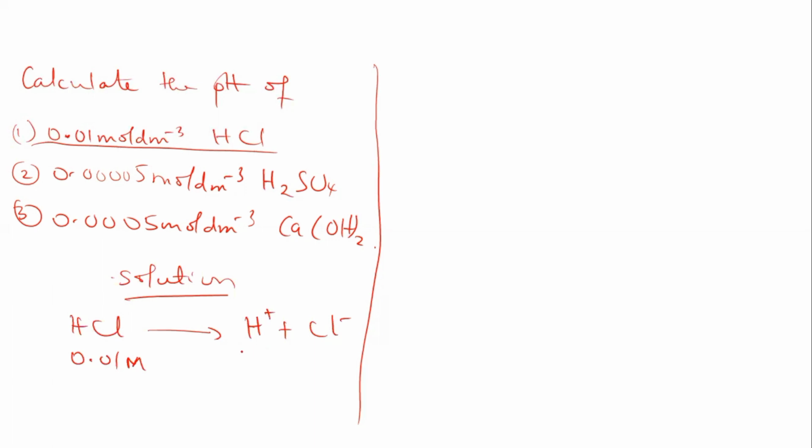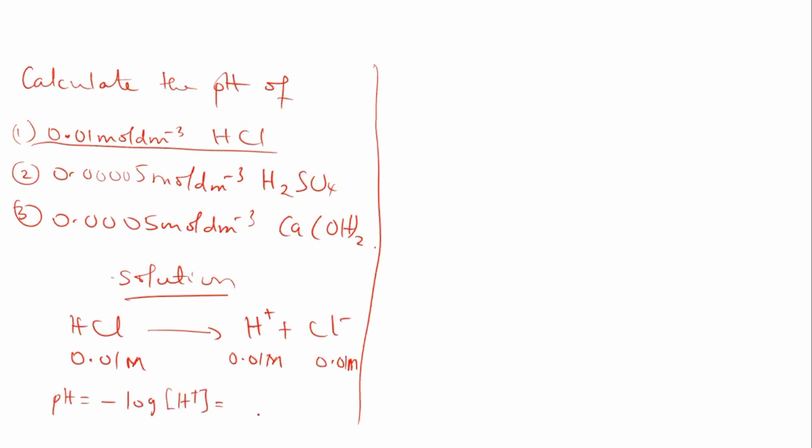All right. So therefore, if 1 is here, then 1 times this, so it's 0.01 molar or mole per dm cube. And so this one too will be 0.01 mole per dm cube. Now, pH, of course, you know, is minus log the concentration of hydrogen.